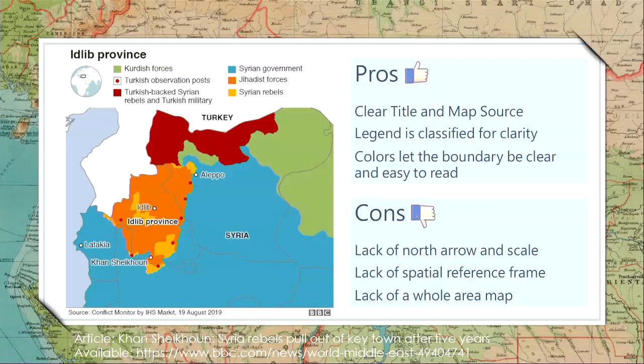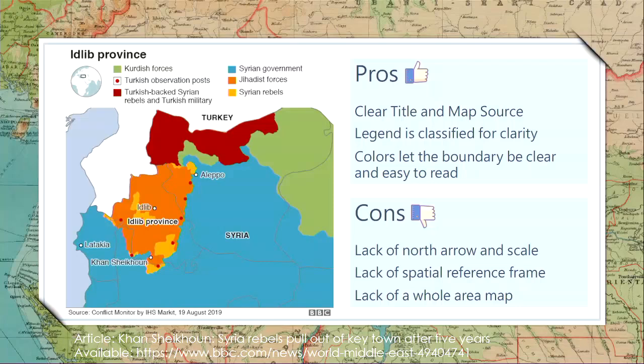Hello everyone, my name is Chiting Su. Today I'm going to introduce this graph, and this graph is sourced from BBC News. The article describes a critical town of the Syrian civil war that has recently fallen from rebel forces to government forces. The town is called Khan in Idlib province, as you can see in this map.